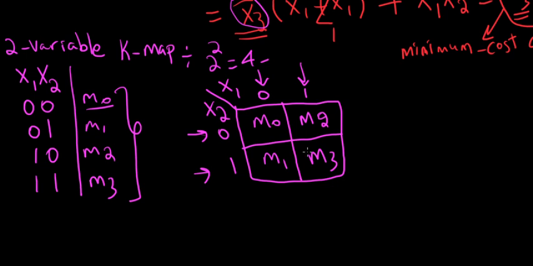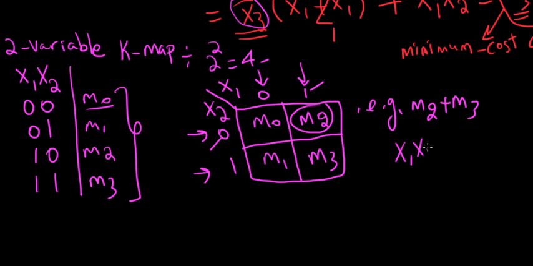So M0, M1, M2, M3 looks exactly like this. Now just look at it in a Boolean algebra way, instead of talking directly about the K-map. What would M2 be as an example? M2 is this one. It's X1 and X2 bar. So X1 X2 bar would be your M2, or with M3, which is X1 X2.